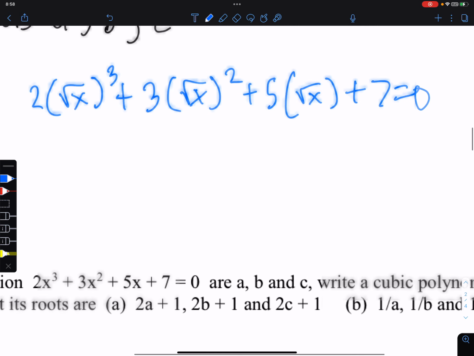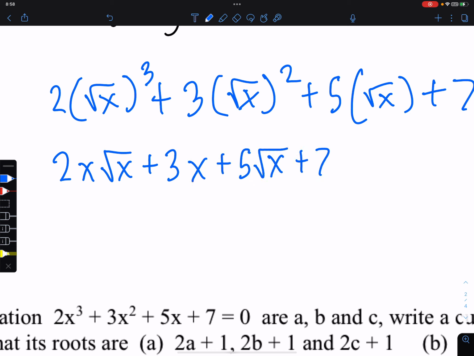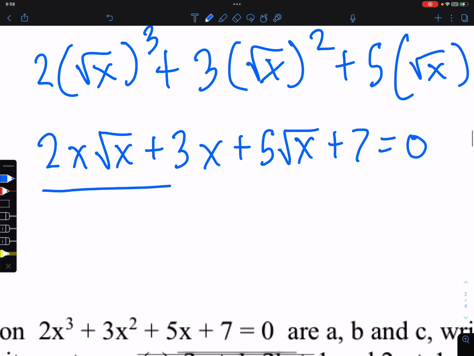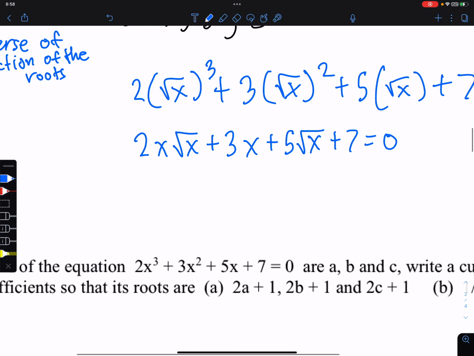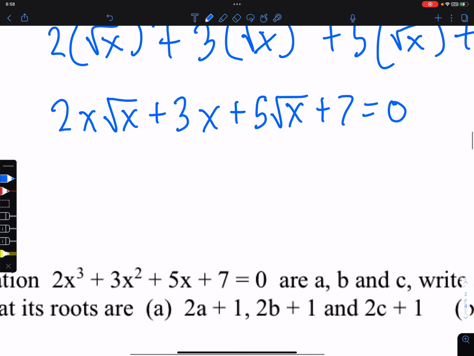Here, if we look at this, this becomes 2x root x plus 3x plus 5 root x plus 7, right? This is not in polynomial form as we have roots. So here, what we do is we have to isolate the roots, right?